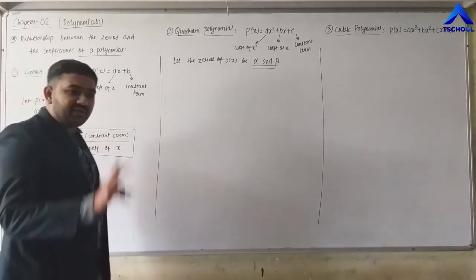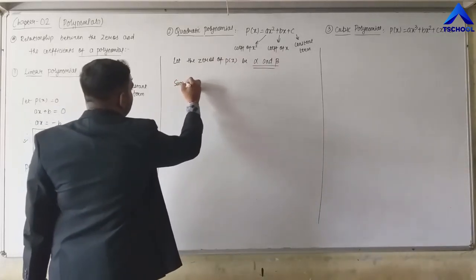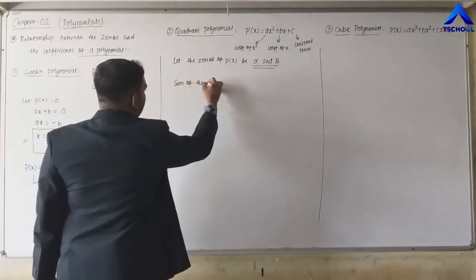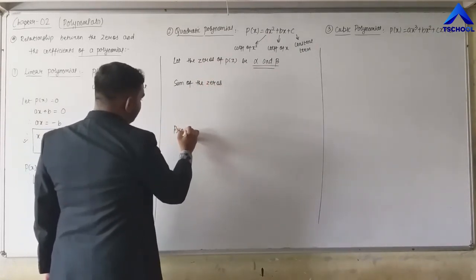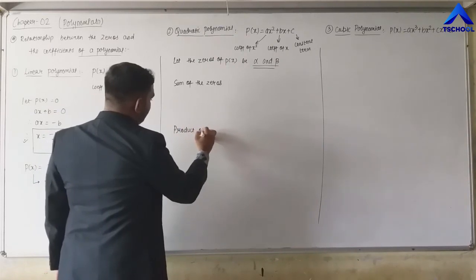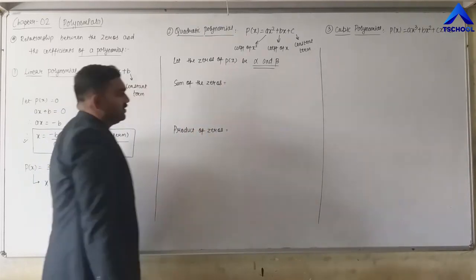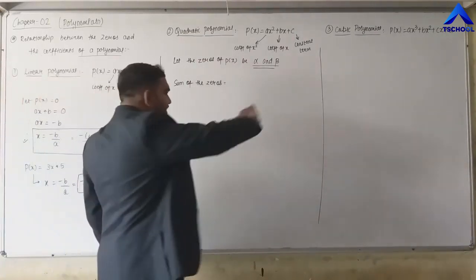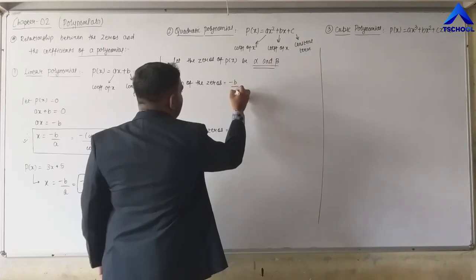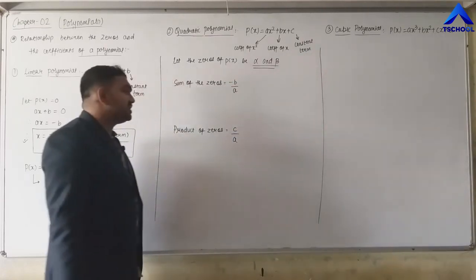Then we can define two relationships here: the sum of the zeros and the product of the zeros. The sum of the zeros is equal to minus b by a, and the product of the zeros is equal to c by a.